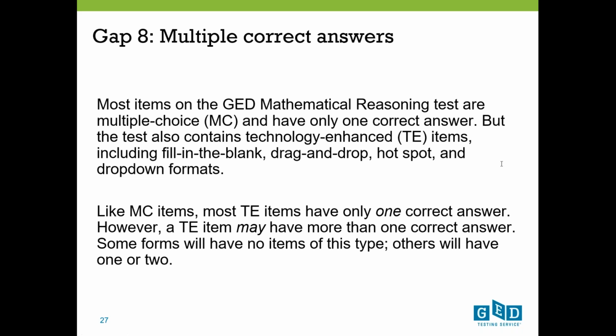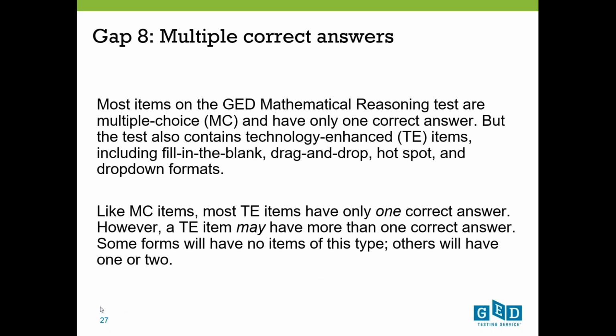But we also have what are called technology enhanced items, which include fill in the blank, drag and drop, hotspot, and drop downs. Most of those also only have one correct answer, but sometimes a TE item might have more than one. And for some reason, this will often give test takers conniption fits.